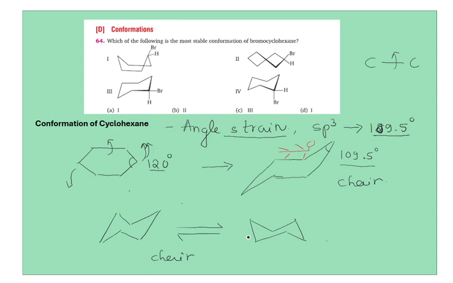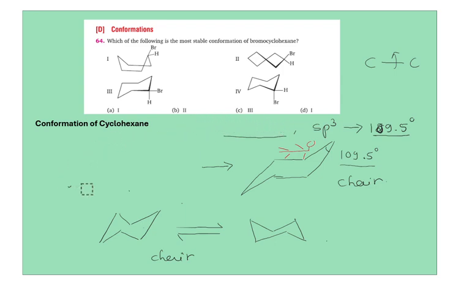Now, these two are interconvertible. This changes to this changes to this. And it won't happen in one step, okay? It happens step by step. While doing so, it will form different structures. What are the different structures? As you might know, the different structures or conformations are chair, twist chair, boat and half chair.